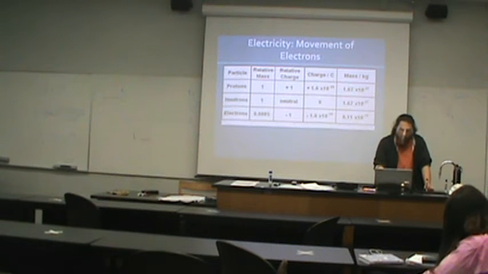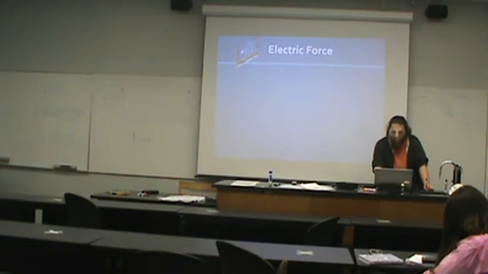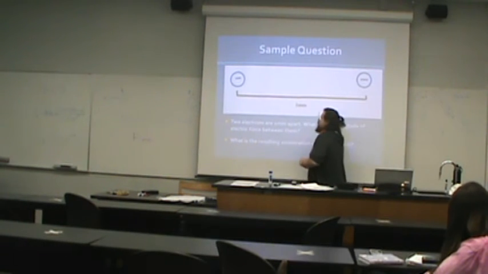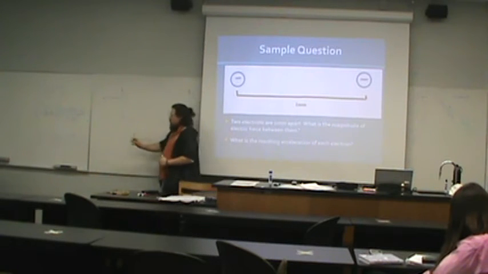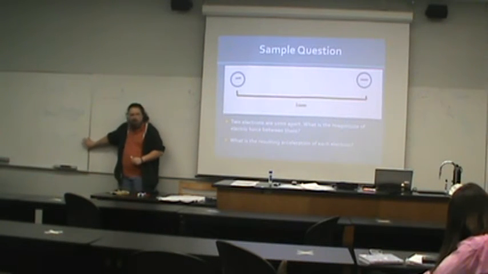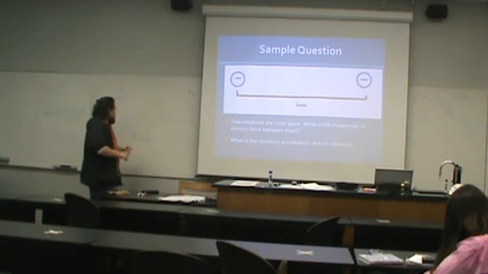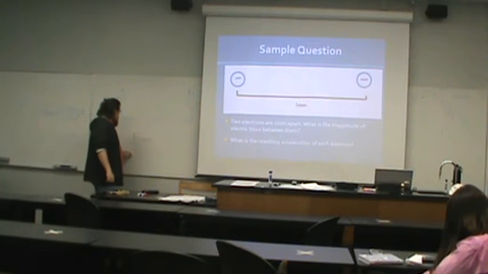So with that in mind, we calculated a very teeny tiny amount of force here. But what effect is that going to have on these electrons? You're going to move really fast. They are.